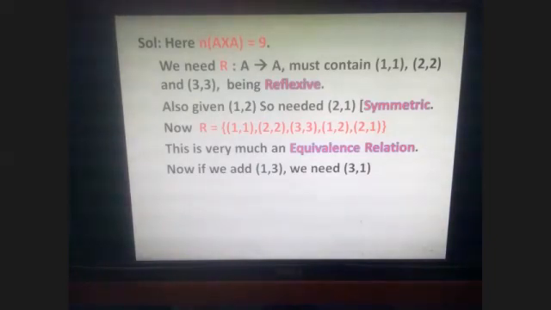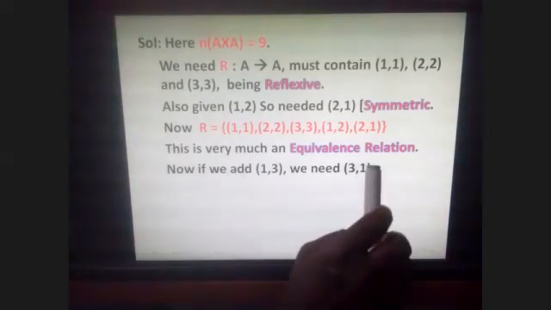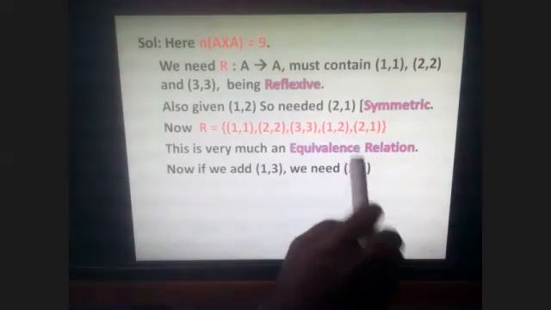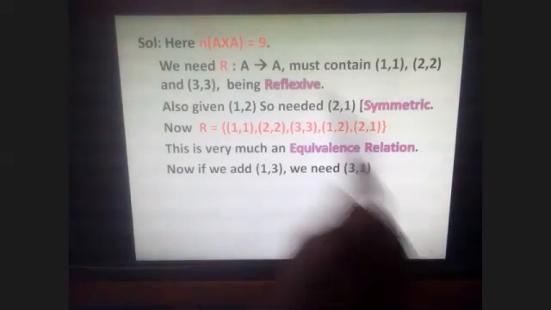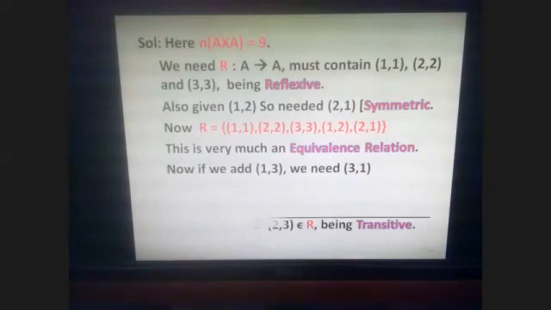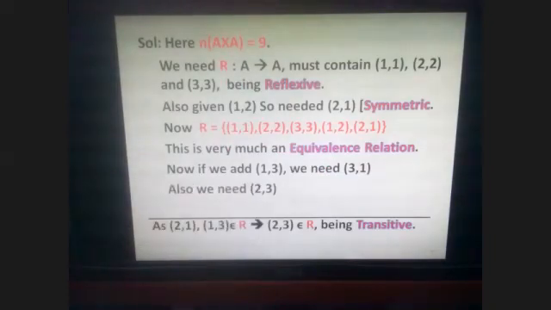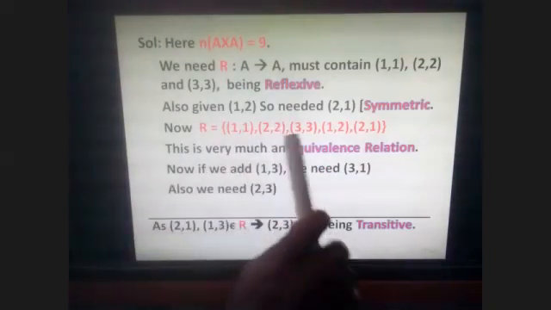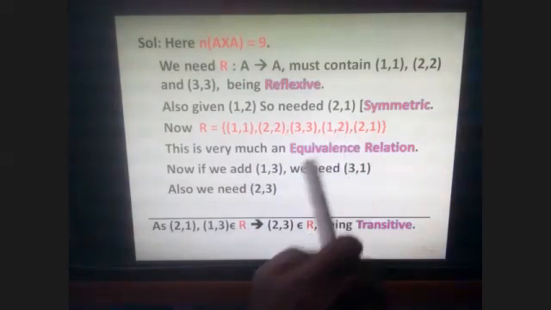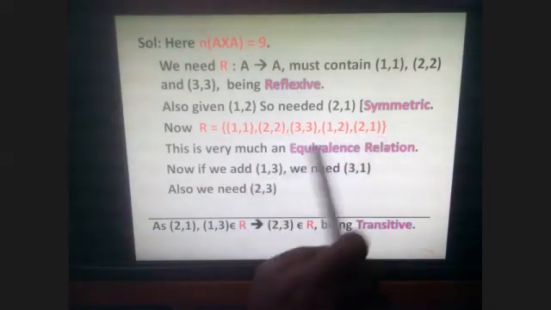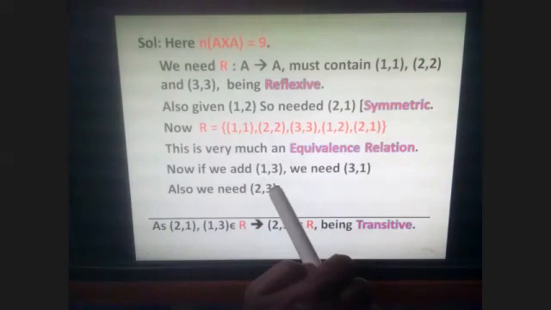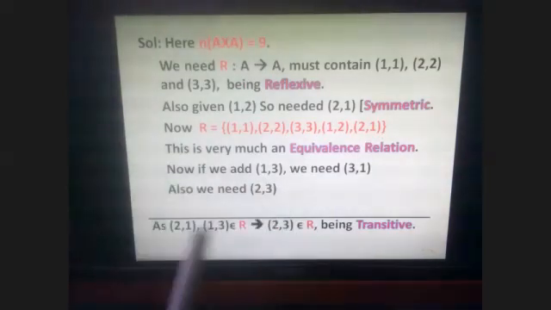If you have (3, 1) and (1, 2), there should be (3, 2). Otherwise, it is not transitive. We need (2, 3) because there is (2, 1) and (1, 3). So (2, 3) is needed.